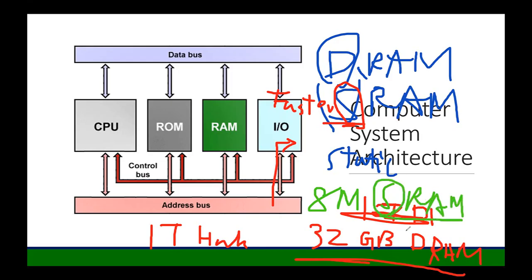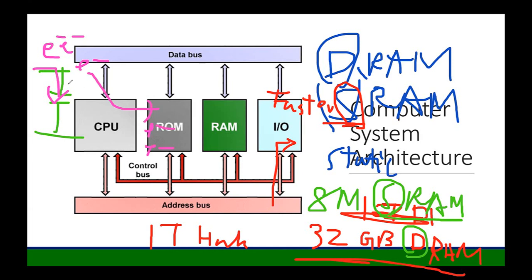Okay, the words static and dynamic are different. Dynamic means that you have a capacitor, and when you charge it, you put some electrons there. But because your device may have a leaking problem, the electrons will leak away.